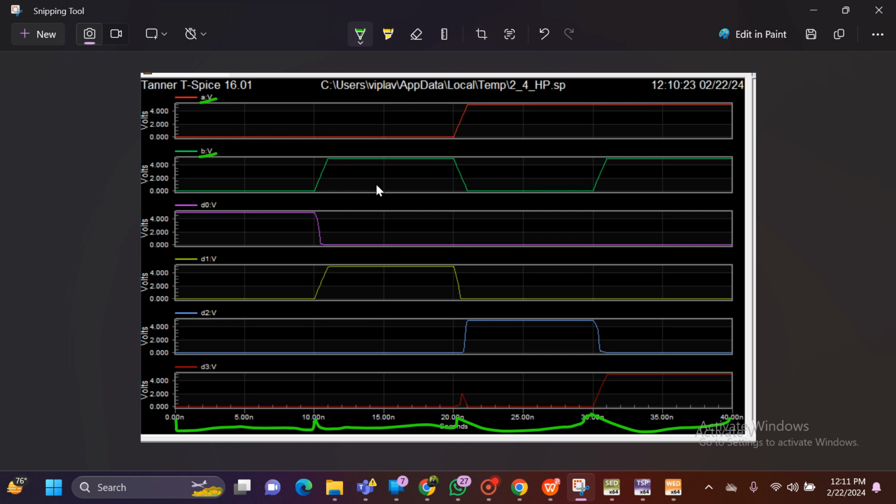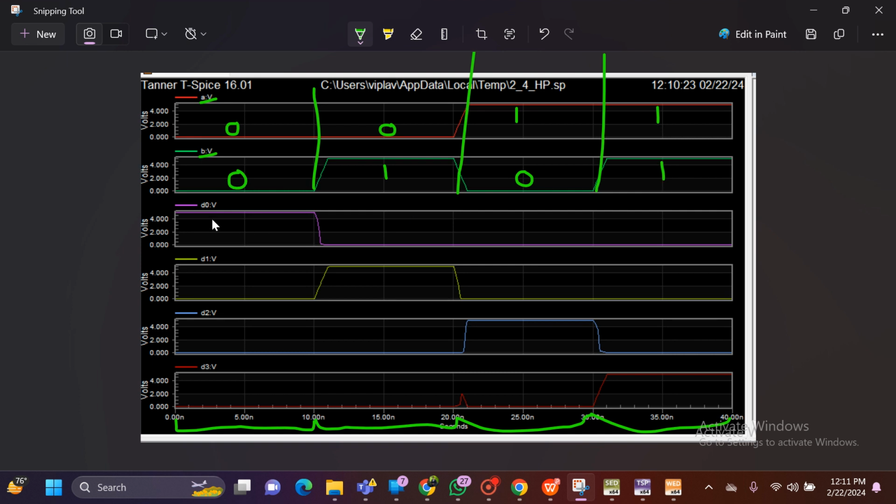Okay, so what are those? See here. Up to here one input, another input up to here, another input up to here. Now A B is 0 0. Okay, so A is 0, 0 1, B is rising. Then next 1 0, 1 1.